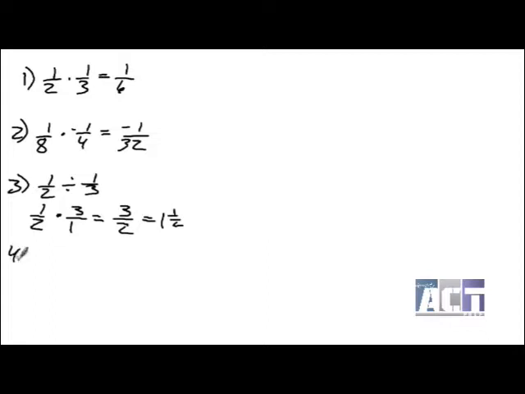One more. Let's take 1/8 and divide it by -1/4. Leave the 1/8 alone. Change the divide to a times. And now multiply by -1/4 reciprocal, which is 4/-1.